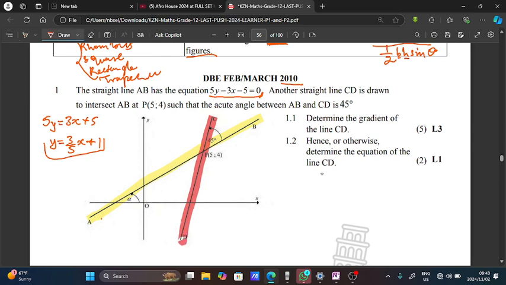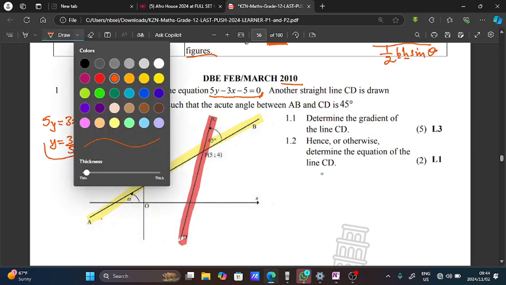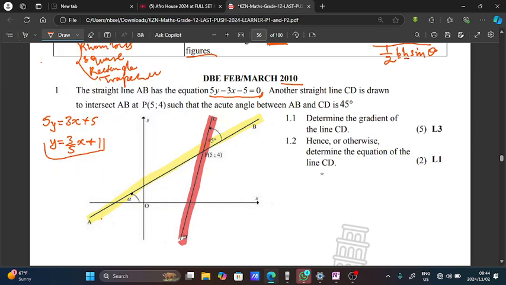Now they are saying this line CD is drawn to intersect AB at P, which is (5, 4), such that the acute angle between AB and CD is 45 degrees.